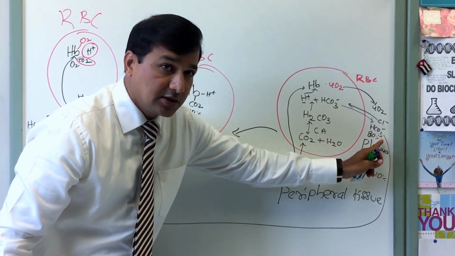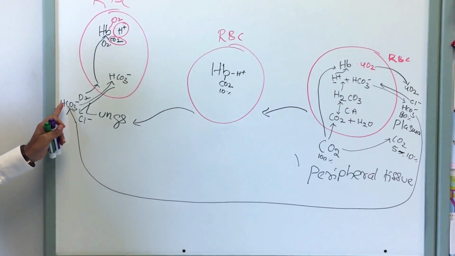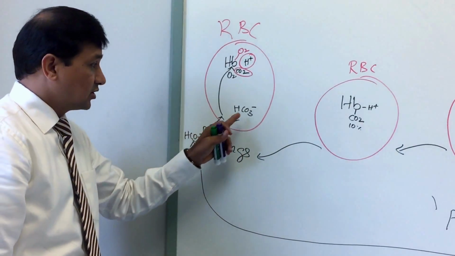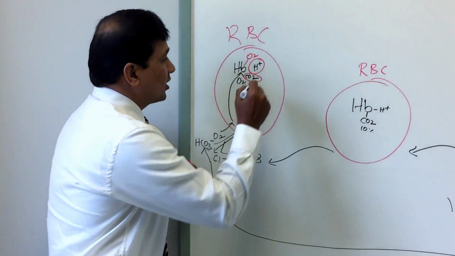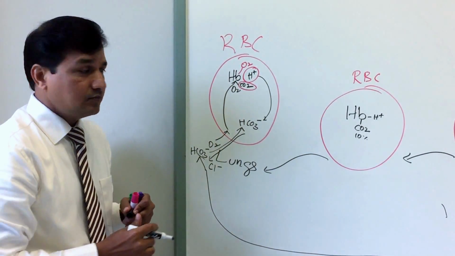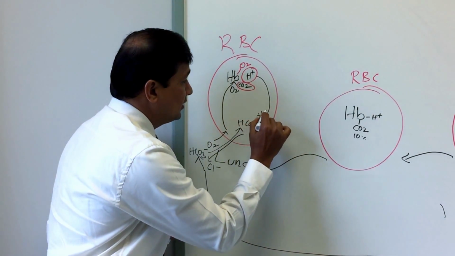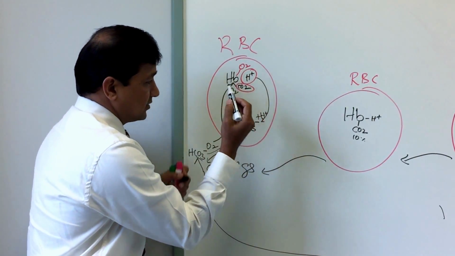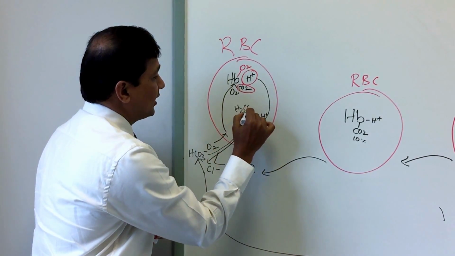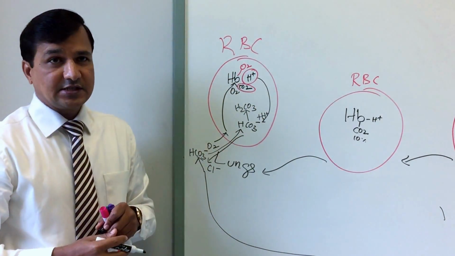Now this bicarbonate in the plasma returned to the lungs and is getting into the red blood cell while chloride moves out. This bicarbonate is going to combine with the proton just released from hemoglobin. It combines with proton H plus and becomes H2CO3, that is carbonic acid.